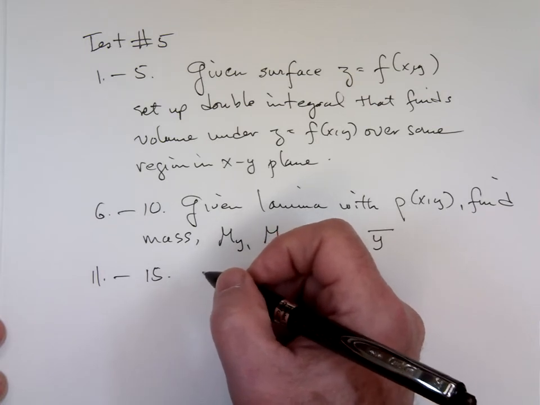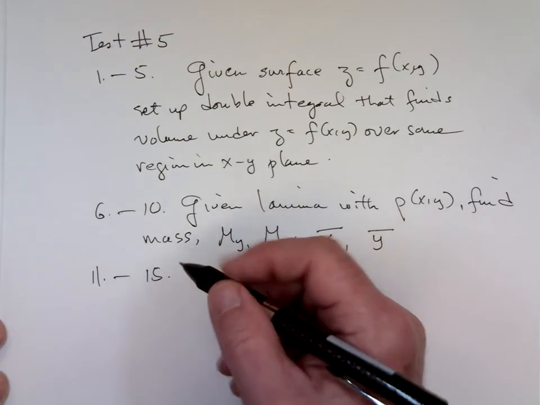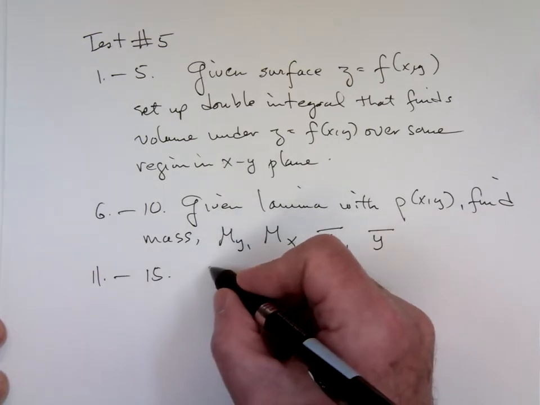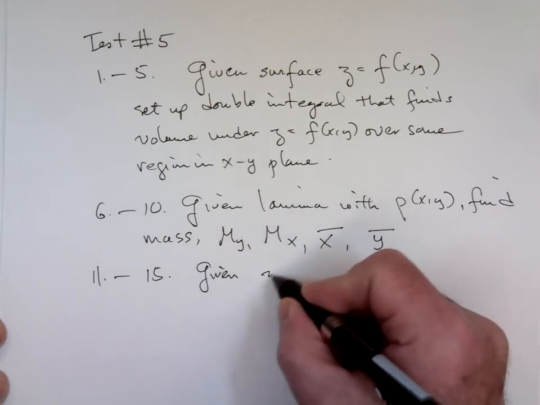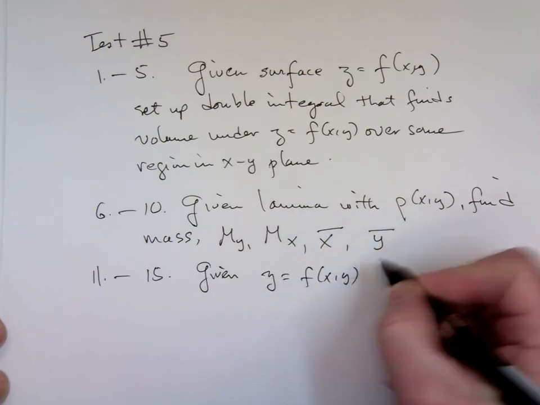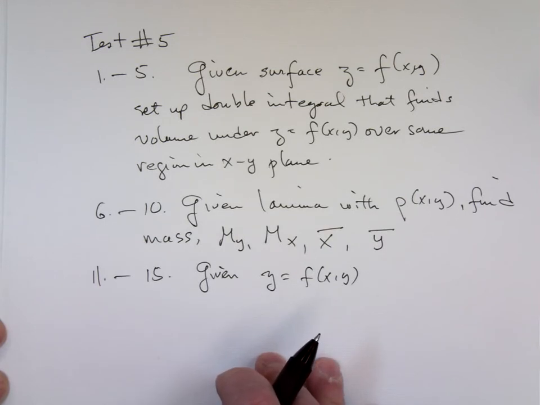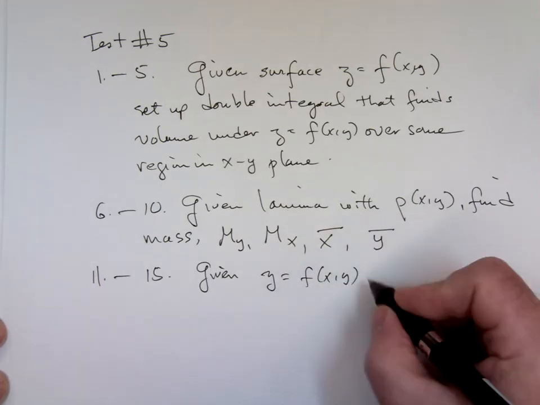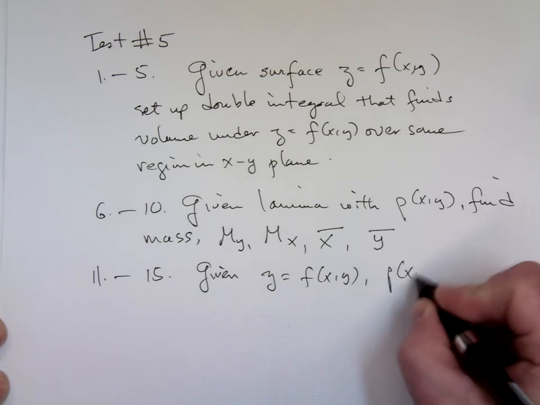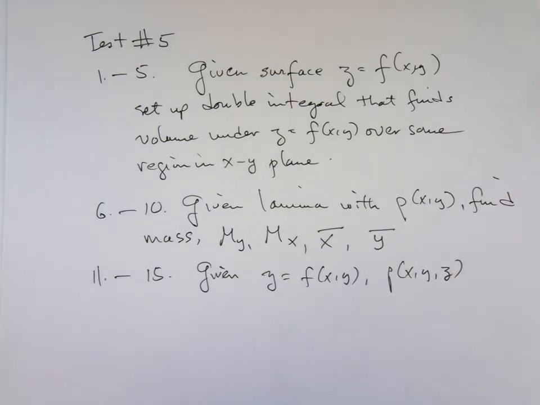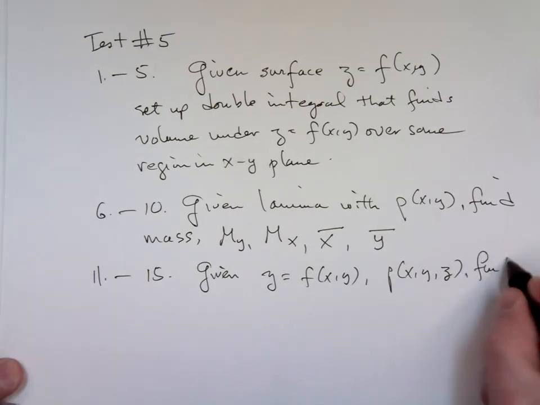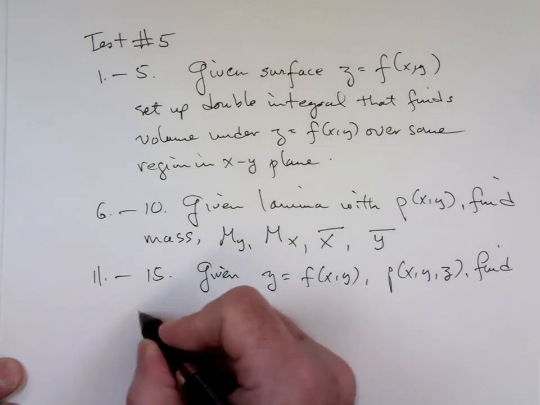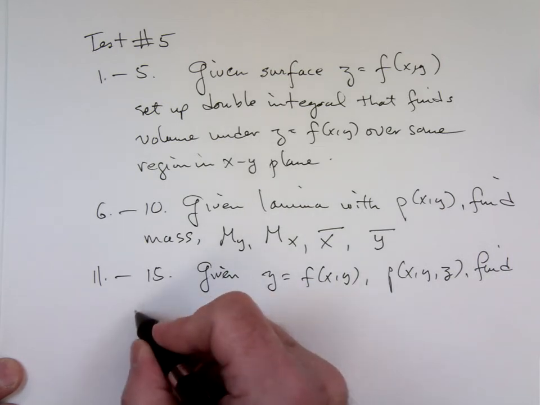All right, this is 11 through 15. You're going to be given z, a surface in 3 space, and I'm going to give you a density function. This is like the one where we did the 2 paraboloids, but it's a little bit easier than that. But I'm going to ask just for the triple integral. You don't have to evaluate these. Find the triple integral that gives you volume.